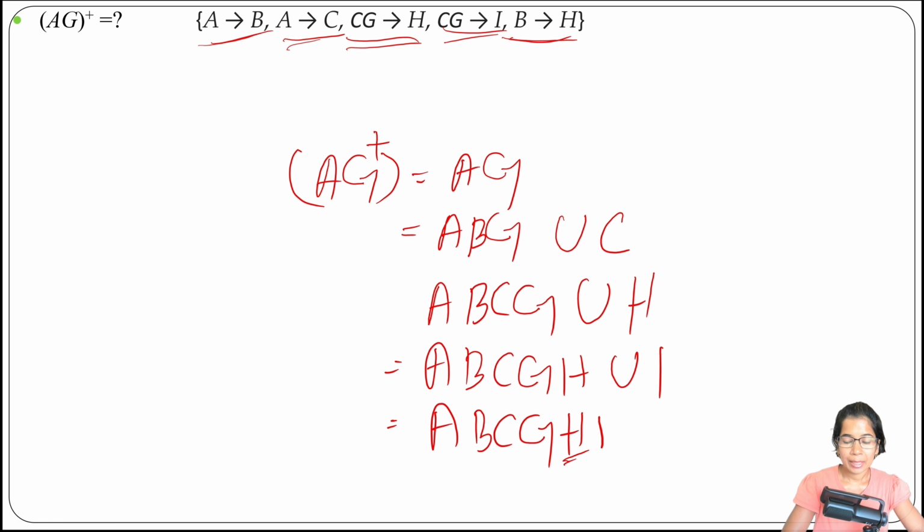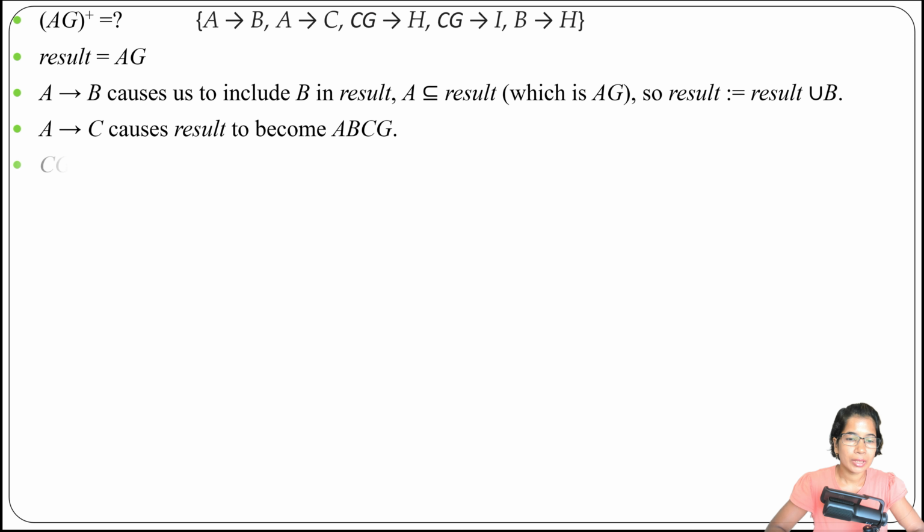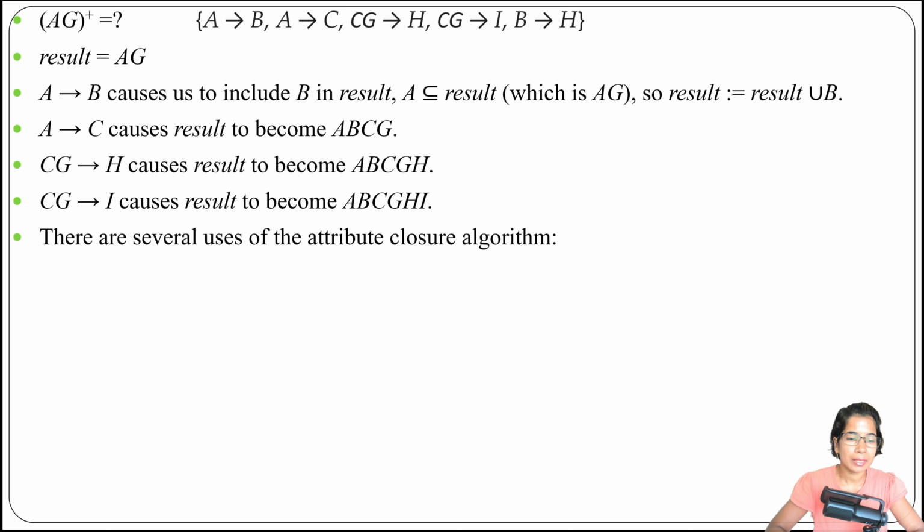We got A, B, C, G, H, I, which are all the attributes of this relational schema. If we can derive all attributes of the relation schema, then that will be our candidate key. So here AG is the candidate key, as the AG closure is A, B, C, G, H, I, which is the set of all attributes. So every time we make a union with the right side if the left side is included.